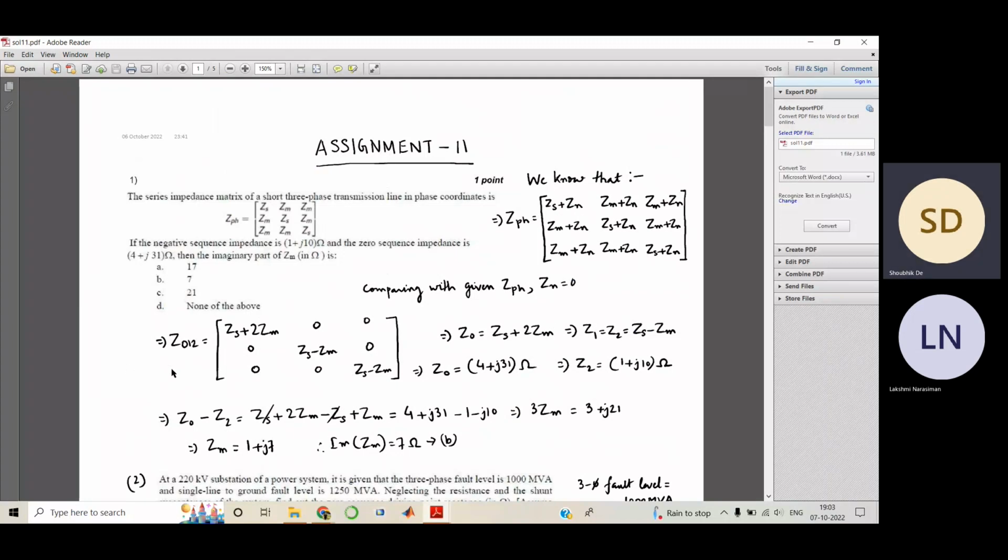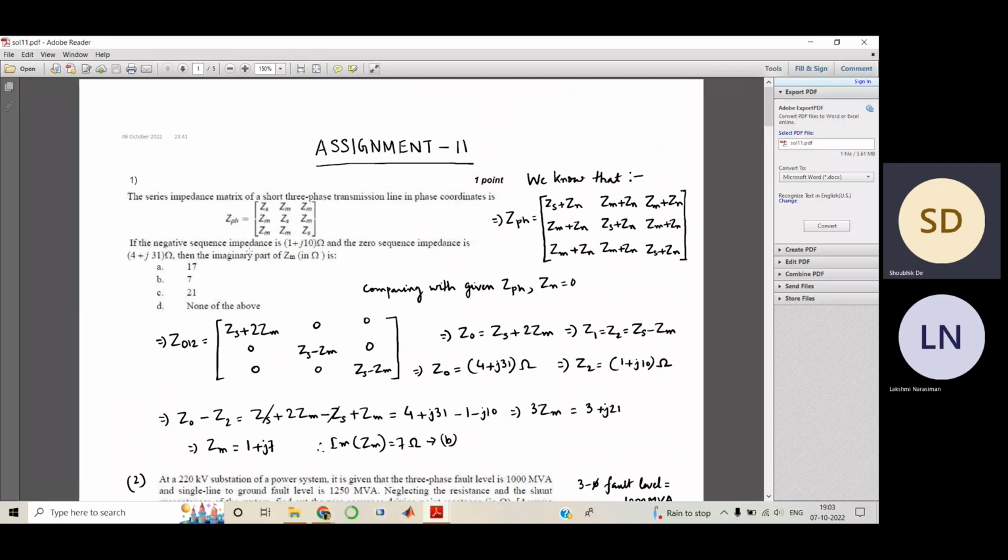Now, when you do that analysis to find out the zero, negative and positive sequence impedances, you get this matrix where this is Z0. So Z0, the zero sequence impedance, is ZS plus 2Zm, and the positive and negative sequence impedance is ZS minus Zm.